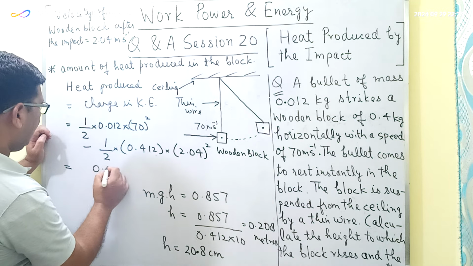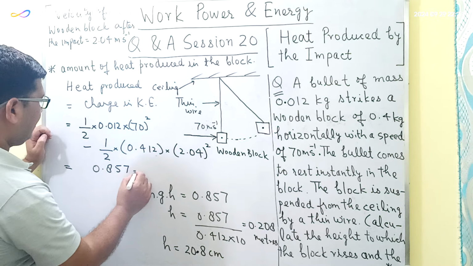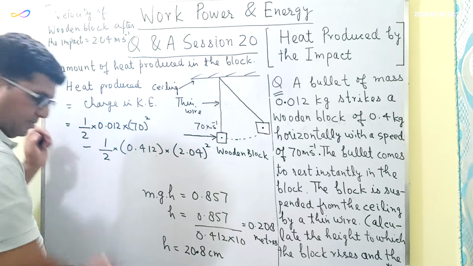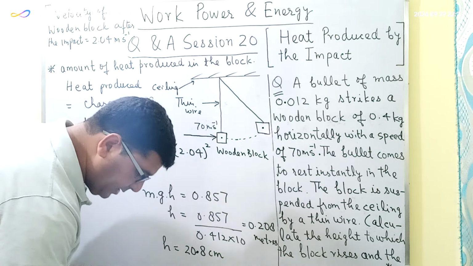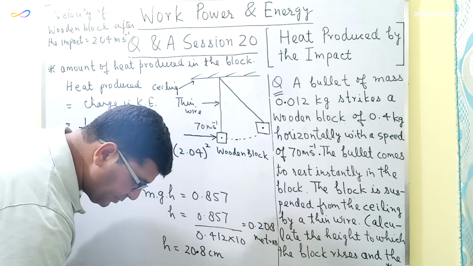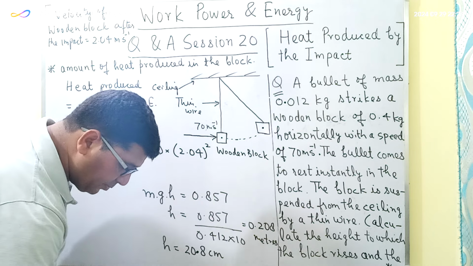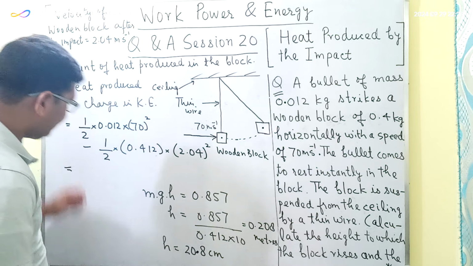The first term is 4900 into 0.012 divided by 2.